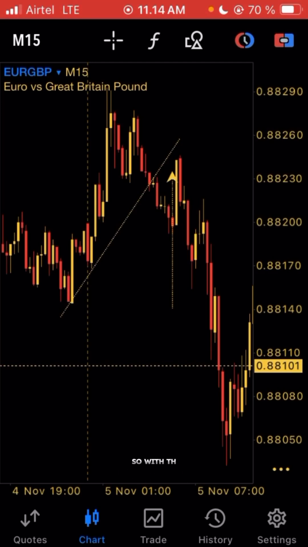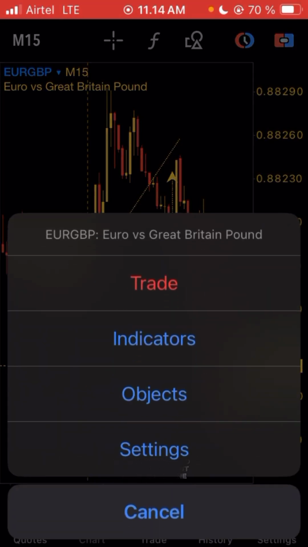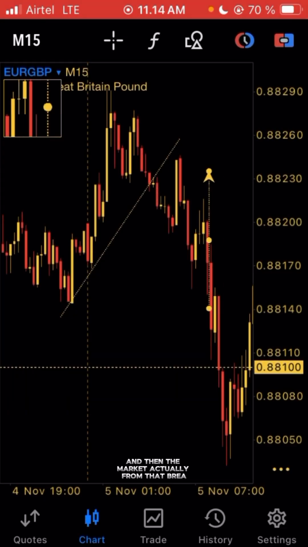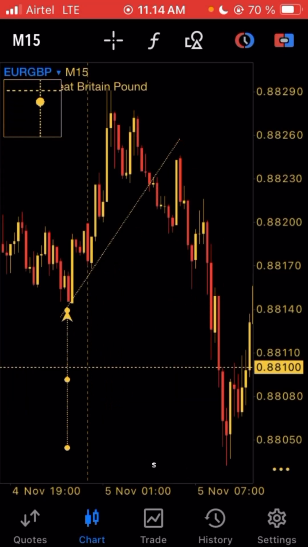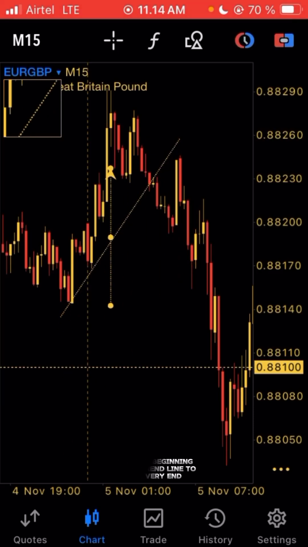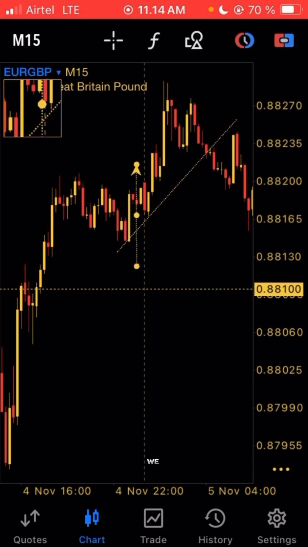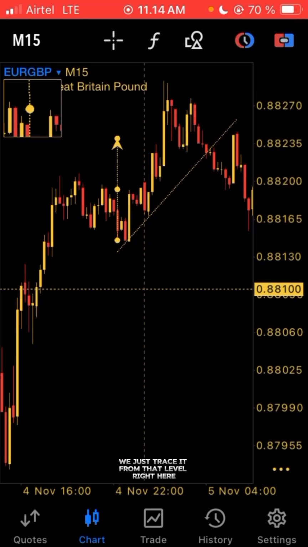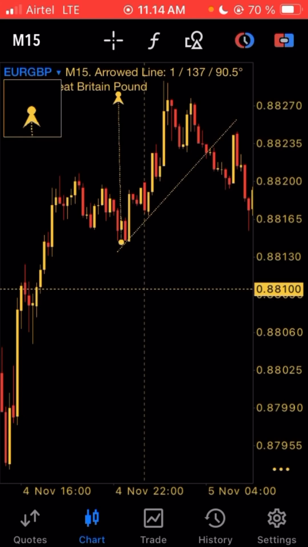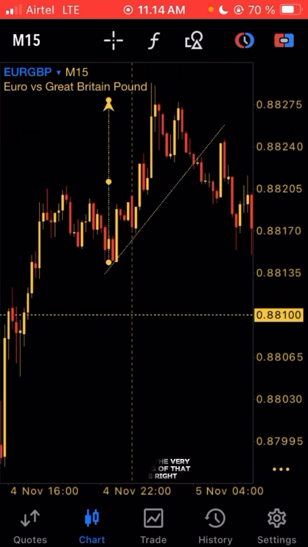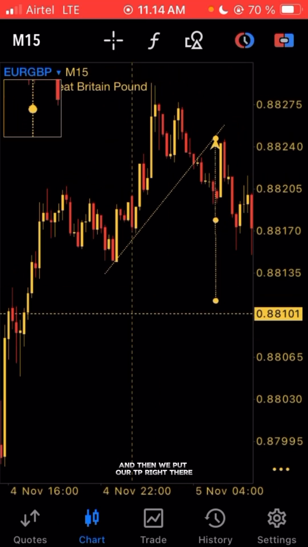So we mark out that trend line, and the market moves from that break. So this is actually our move right here. From the beginning of the trend line to the very end, we mark it out. We trace it from that level right here down to the very beginning of that move, right?